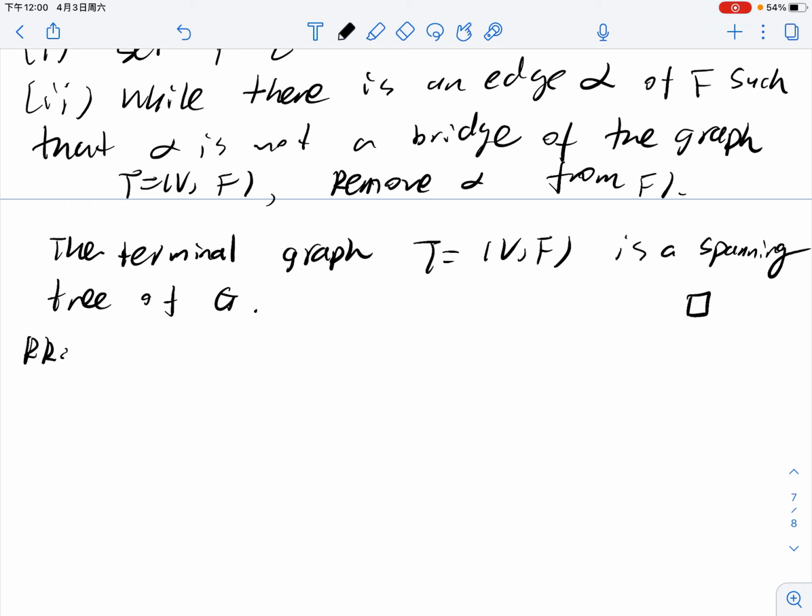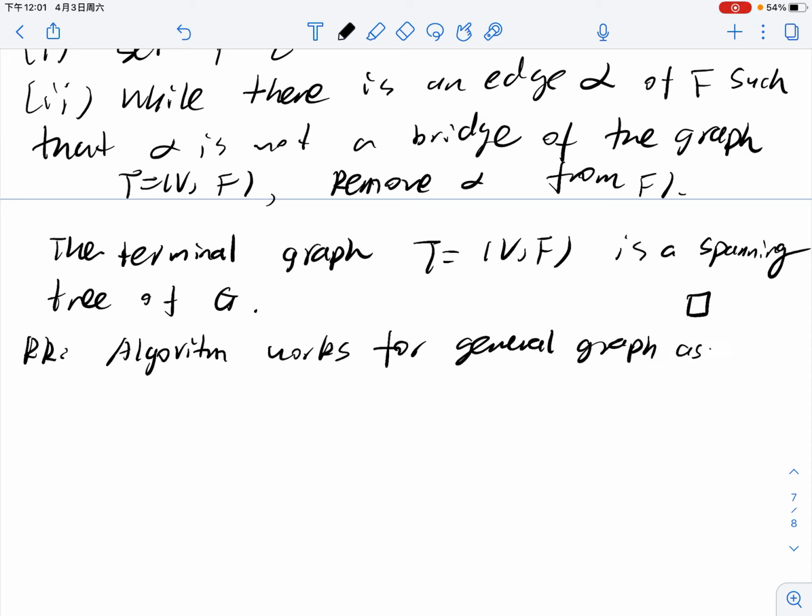And the remark is that, as we said before, the algorithm works for general graphs as well. Why? Because in a general graph, the only difference is that you might have multiple edges connecting the same pair of points. Then you can repeatedly take those edges and remove them from the edge set.